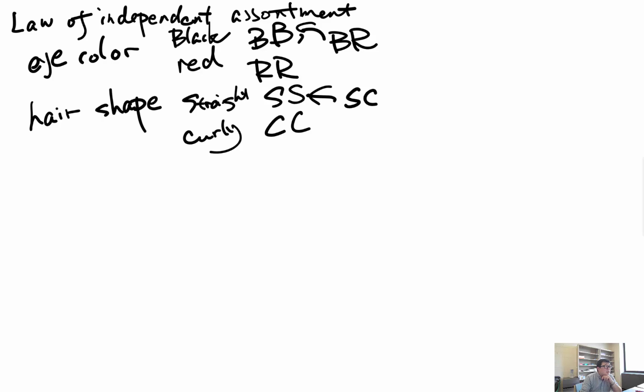And then let's say the mother. Mother's genotype is black eye and straight hair.